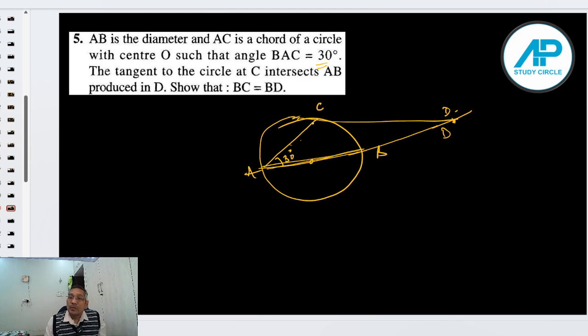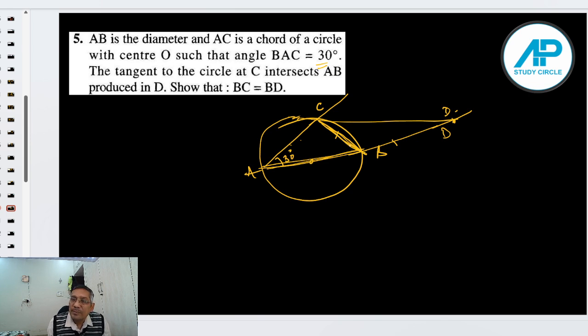So what can I do now? This is the chord produced here. Now whenever I see a tangent and a chord, it gives me the idea that there should be something about the alternate segment. I should join BC. I need to show BC and BD are equal. Angle BAC is 30. You see here the chord is BC.